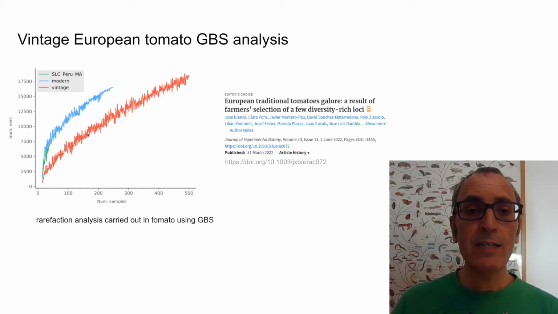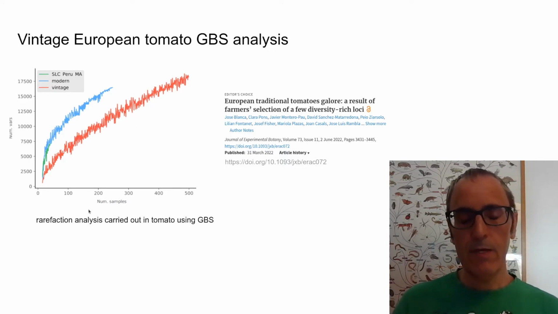And as you can see, the number of markers, the number of variants, goes up with the number of individuals. Why? Because, as we have explained, most variants have a very low allelic frequency.